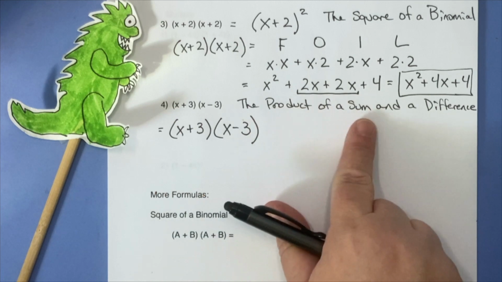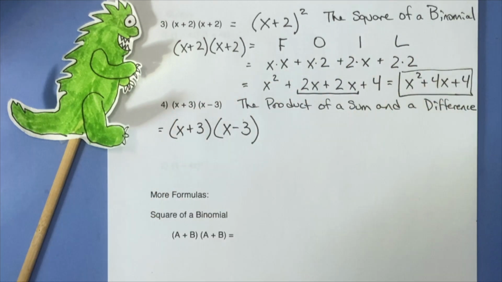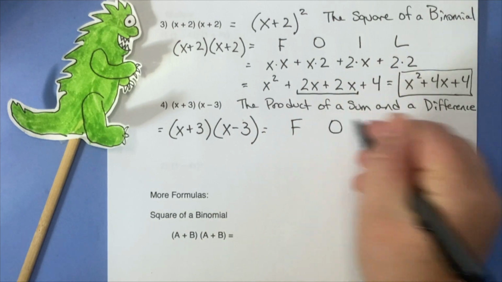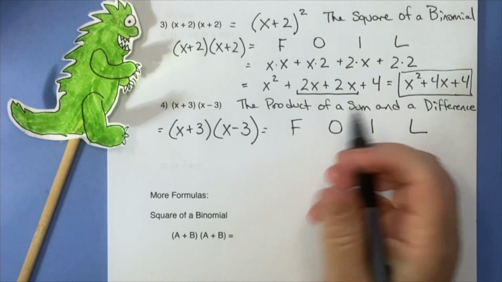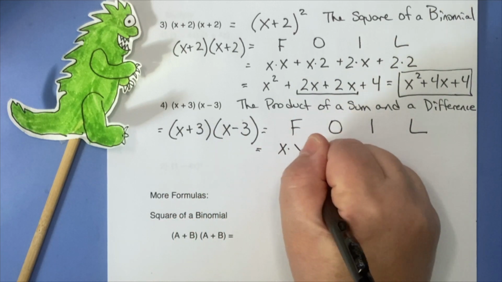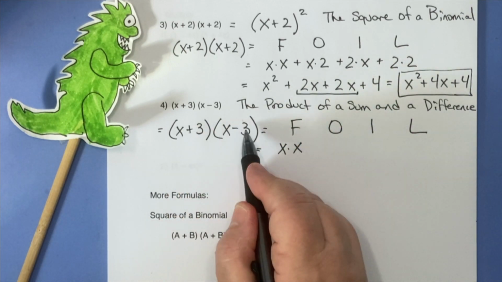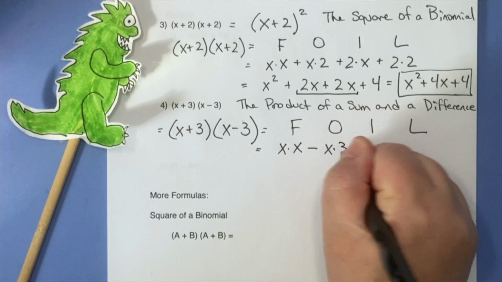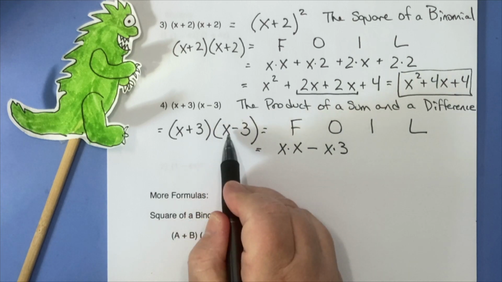So the product of a sum and a difference is what we're doing here. Let's take a look at what happens. So FOIL. First, x times x. Outer, x times negative 3. So that's going to be minus x times 3. Inner, 3 times x.